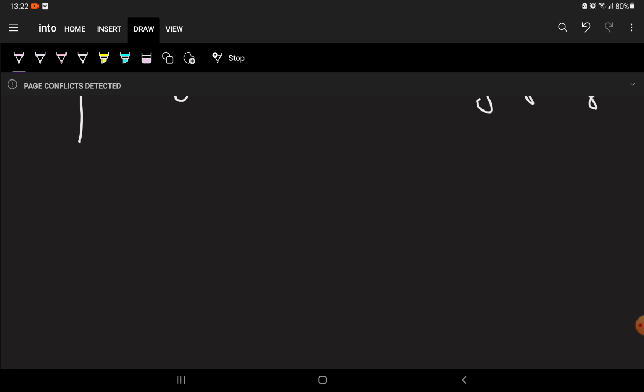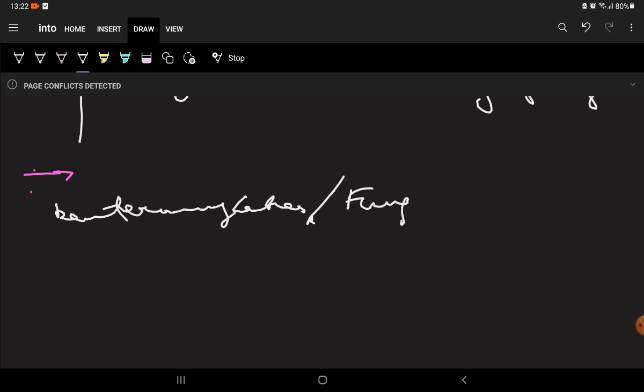There is a term used in reference to fungus called Deuteromycetes, which is also called fungi imperfecti.